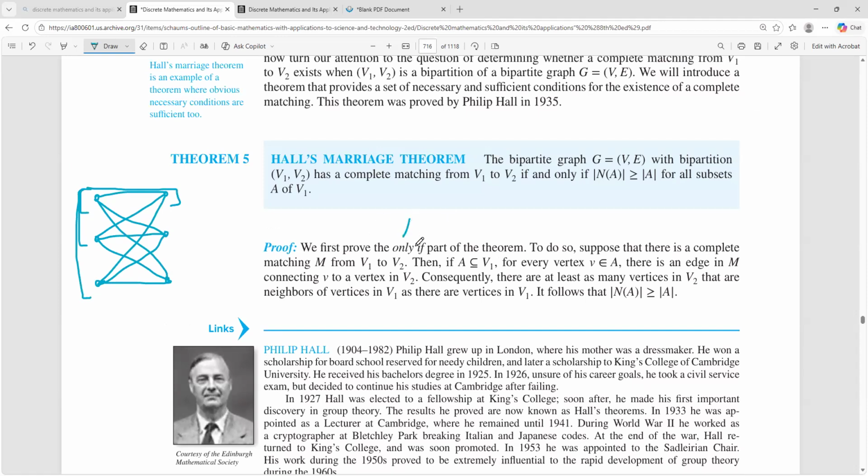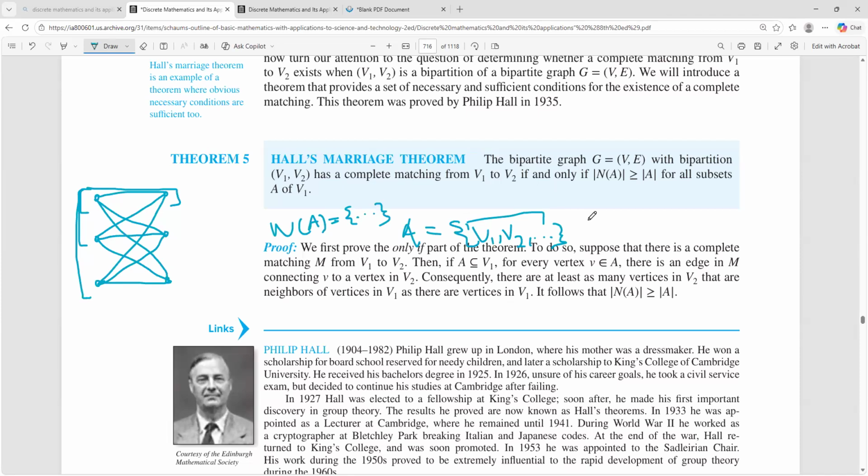So if A is a set of vertices, the neighborhood of A is going to be the set of all vertices that are connected with at least one vertex in A.